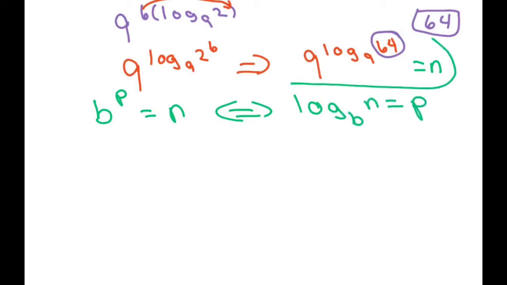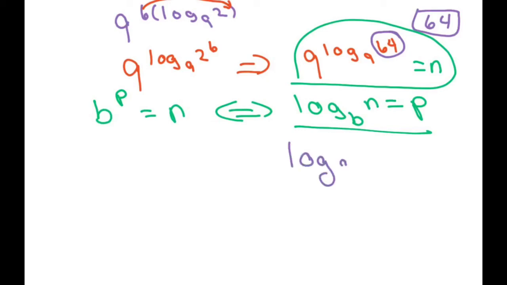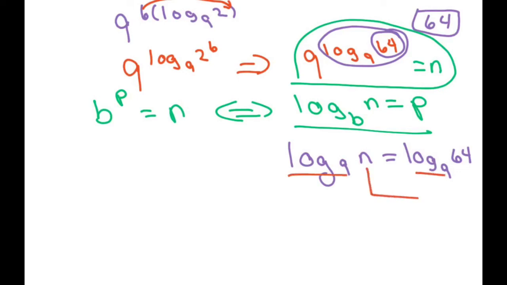So I'm going to write log, my base is 9, my n is n, and my power is this. So you write this, log base 9 of 64. Now comparing these two, these match, and so my n equals 64. And that's why that works.